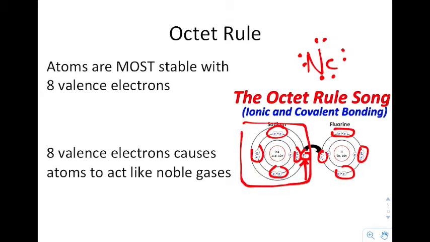So if it can gain one electron, it will be stable. So if sodium somehow transferred its electron to fluorine, both would have 8 electrons in their valence shell. The problem is, if the electrons are transferred, sodium becomes positively charged because it loses an electron. Fluorine becomes negatively charged because it gains an electron.